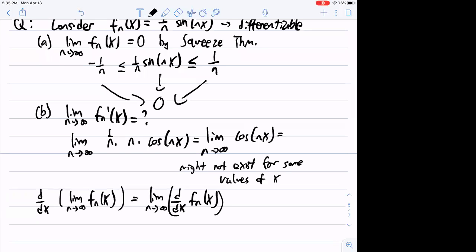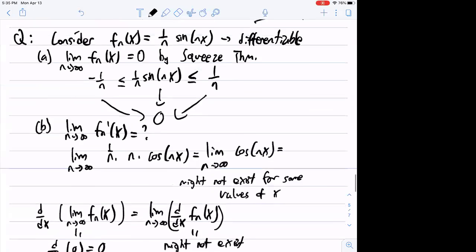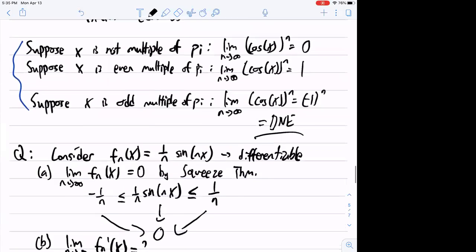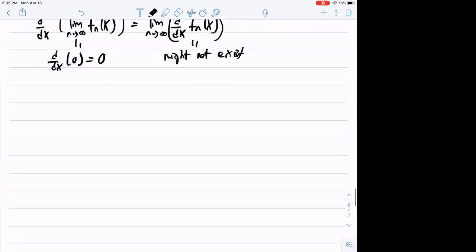On one hand, this side: the limit as n goes to infinity of fn of x was 0, and the derivative of 0 is 0. But on this side, the limit might not exist. So that is a huge problem. Basically, I'm telling you, you might not be able to swap limit and derivative all the time.